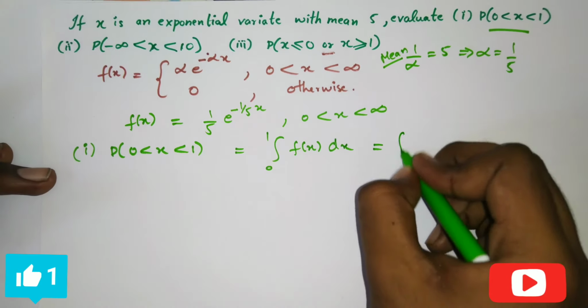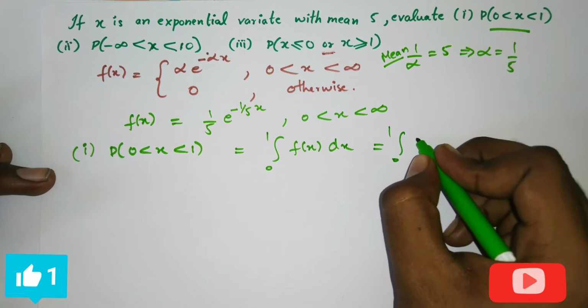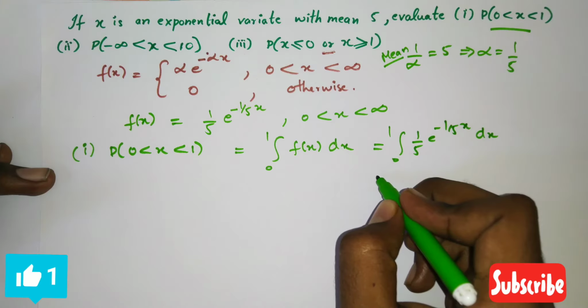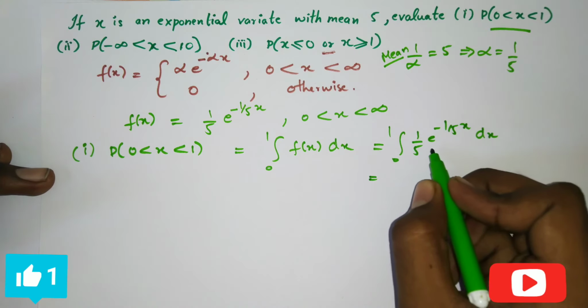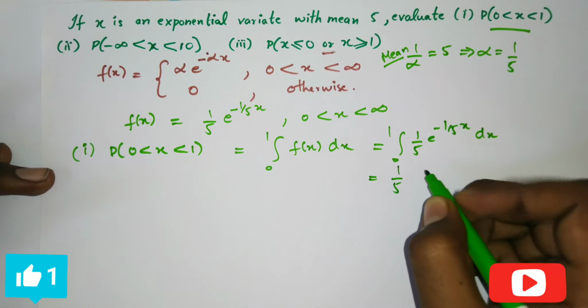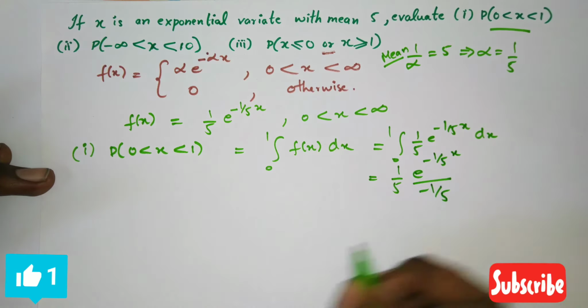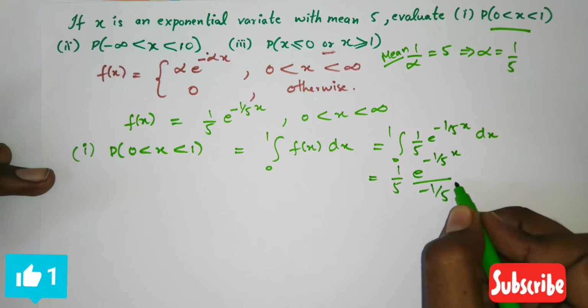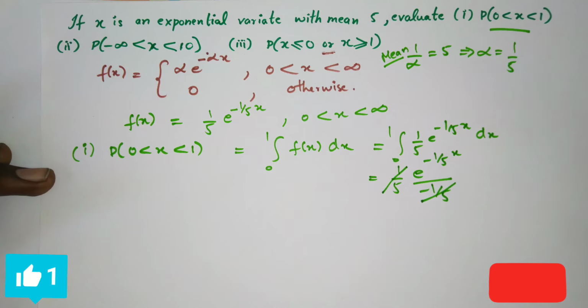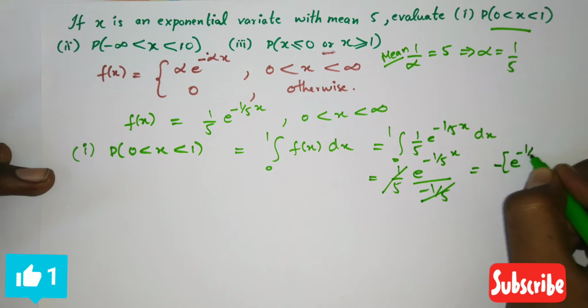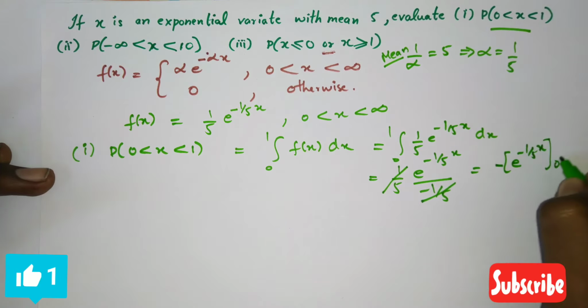Here f(x) is (1/5) e^(−x/5), so the integral is from 0 to 1 of (1/5) e^(−x/5) dx. The 1/5 is constant, and e^(−x/5) divided by −1/5 gives the integral, so the constants cancel. The minus sign you take outside, so it is −e^(−x/5) with limits 0 to 1.